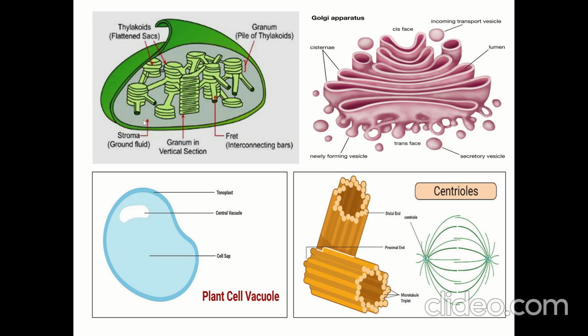The liquid portion, or ground fluid, present in the chloroplast is called stroma. There are some Fred channels present in the chloroplast. As we know, the photosynthesis process occurs in the presence of carbon dioxide and light.